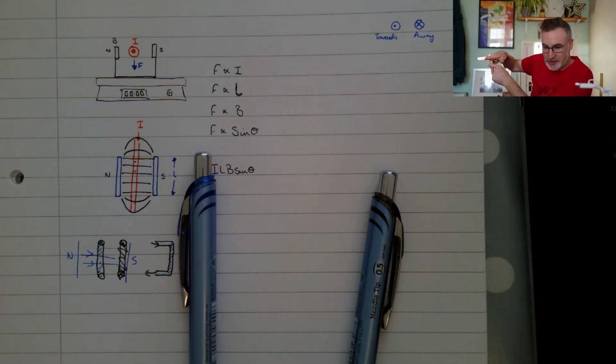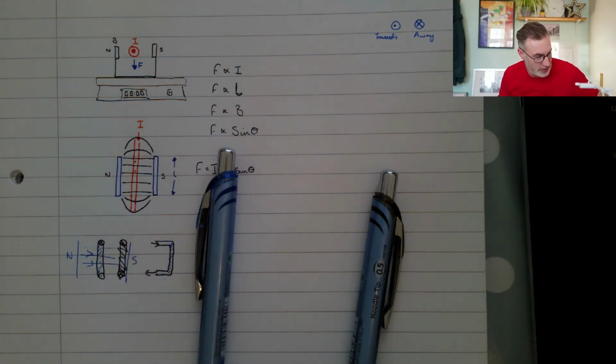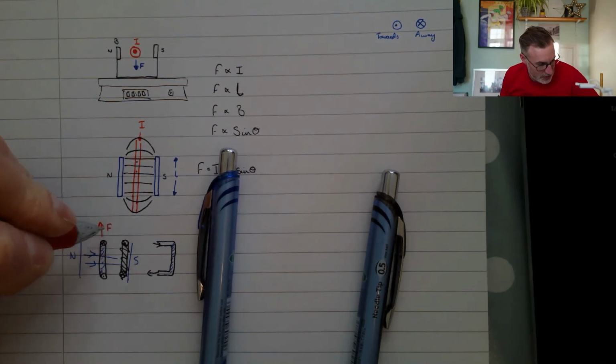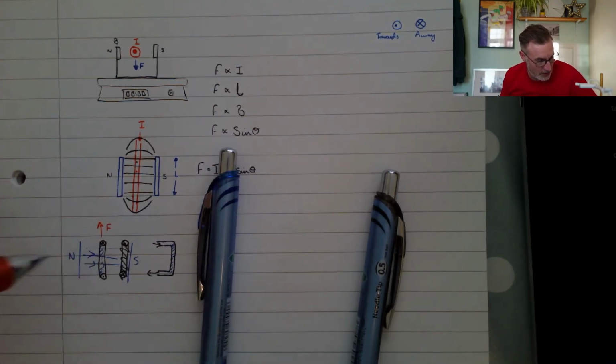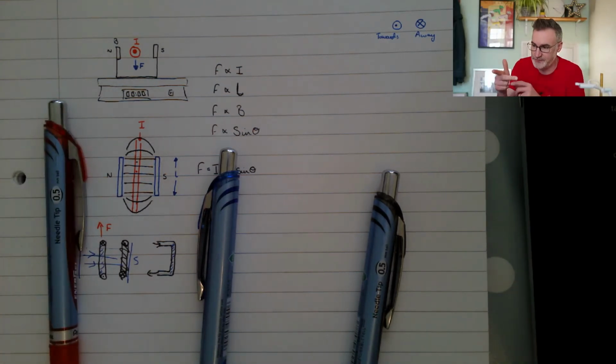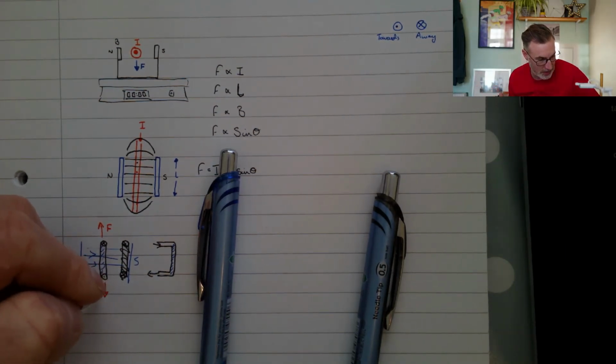You're going to have your current now coming down, and you're going to have a force that is going in that direction. When it's along here, the force is pushing straight down. But when you get here, again, B, now I is coming up that way, and you're going to get a force going in that direction.